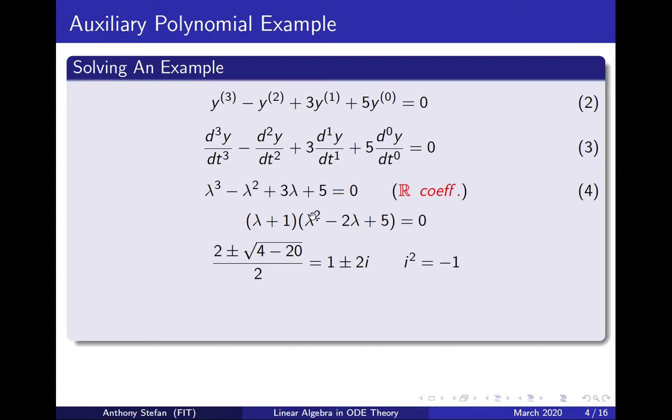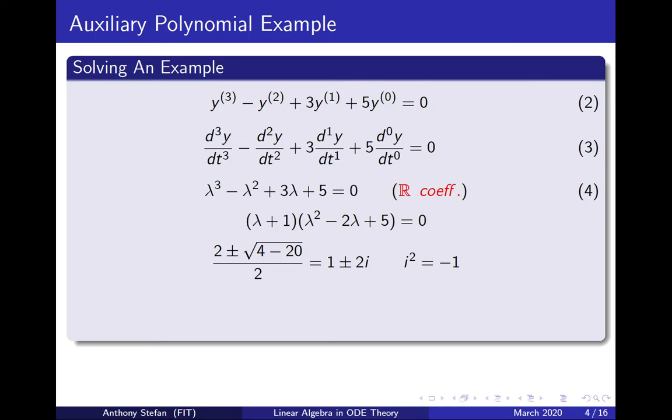Then to find the zeros for this other polynomial here, we can use the quadratic formula. As you can see, it doesn't factor out really nicely. When we use the quadratic formula, the opposite of b plus or minus the square root of b squared minus 4ac, all over 2a, we get within the discriminant a negative 16.